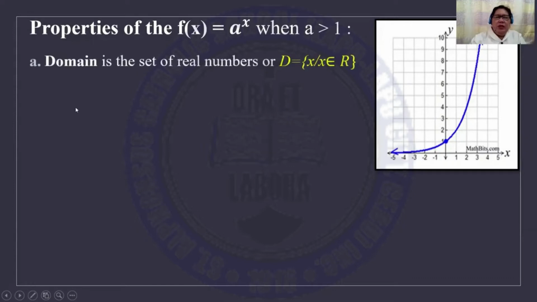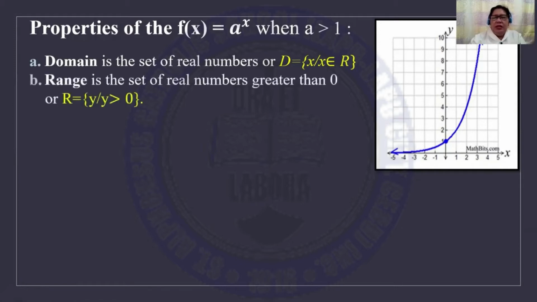The first property is the domain is the set of real numbers, or D is equal to the set of x such that x is an element of real numbers. The range is the set of real numbers greater than 0, or R is equal to the set of y such that y is greater than 0.